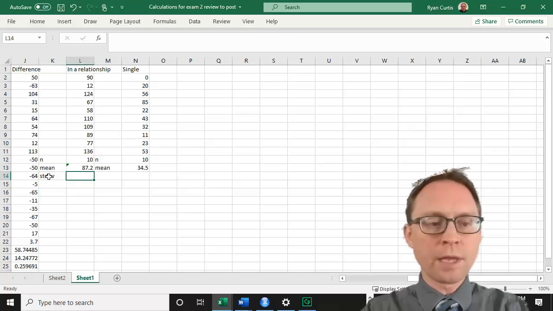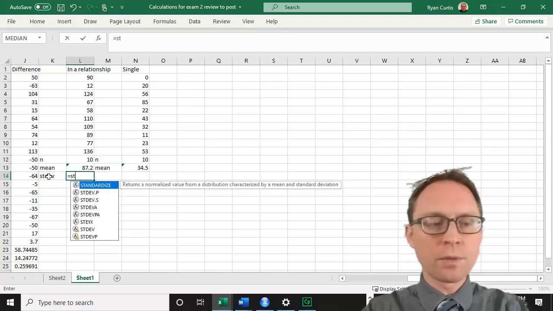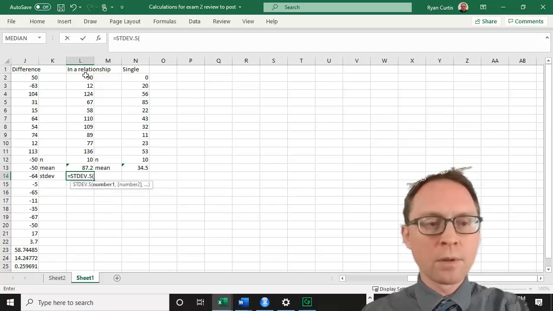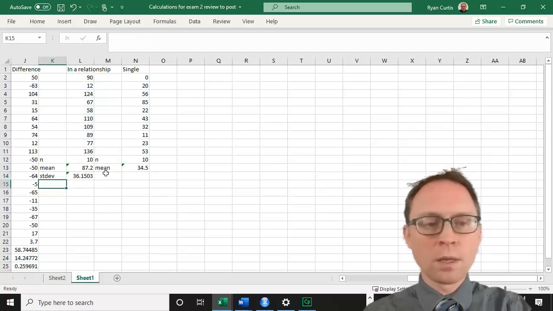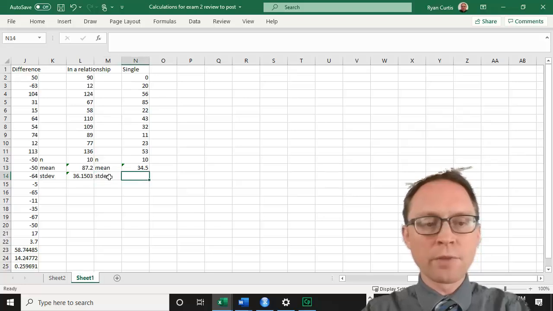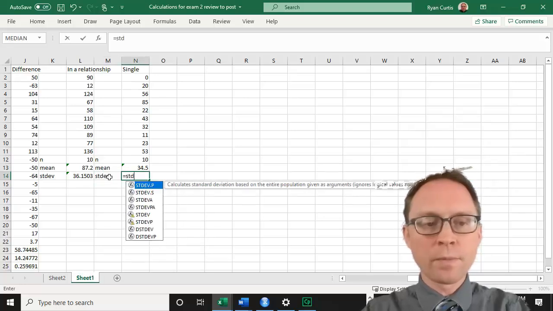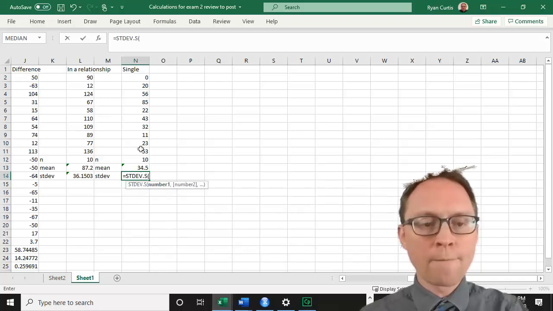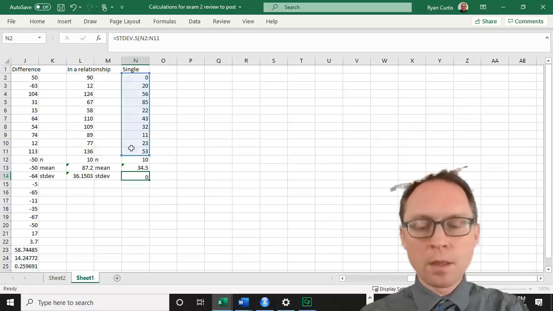The standard deviation for each group, this is going to equal standard deviation of a sample. Maybe right there. This is the sample that I want. And then here is the standard deviation for the other group, which is this right there.